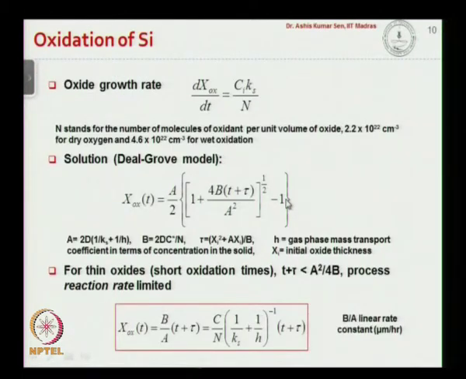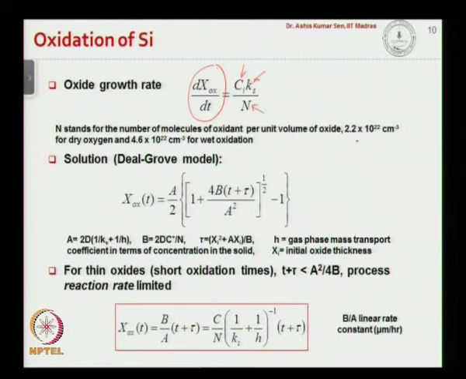So the oxide growth rate, how the oxide thickness changes with time, can be expressed as Ci, the concentration of the oxidant at the silicon oxide interface, into the rate constant divided by N, where N is the number of molecules of oxidant per unit volume of oxide.